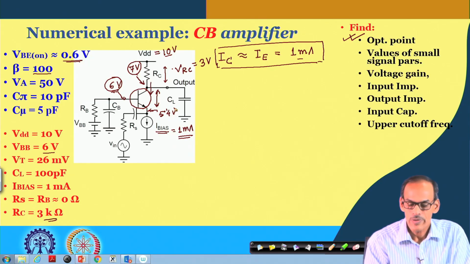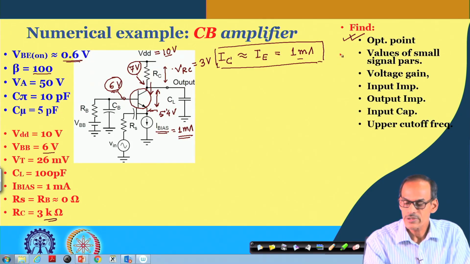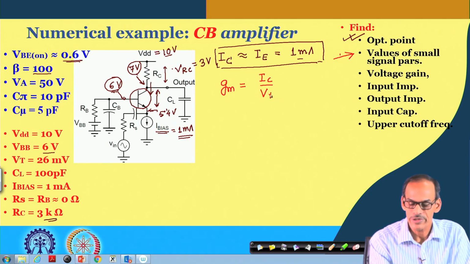So, anyway, then we come to the calculation of small signal parameters. Let us consider the small signal parameter calculation, namely G m of the transistor, which is I c divided by the thermal equivalent voltage V t, and it is given as 26 millivolt.